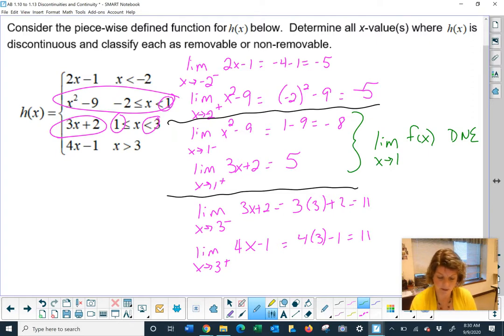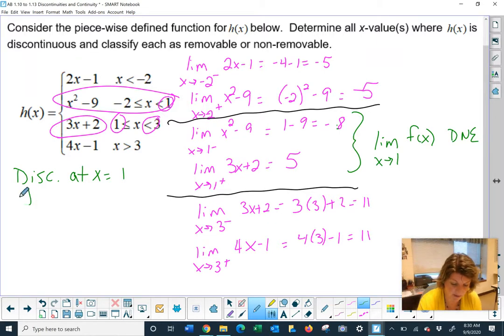So this is discontinuous at x equals 1. And we have to classify it as removable or non-removable. Well, I left off at -8 and then I pick up again at 5. That is a jump discontinuity, which is non-removable.